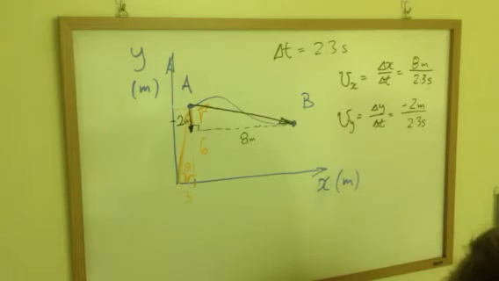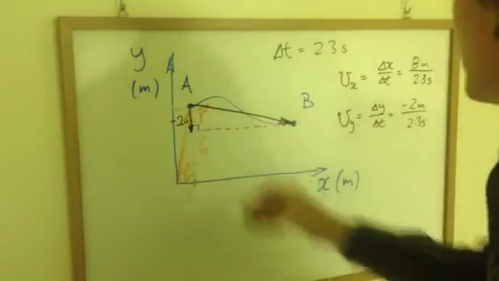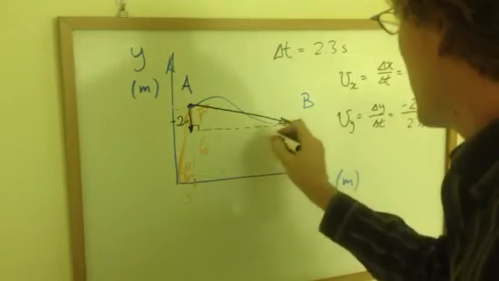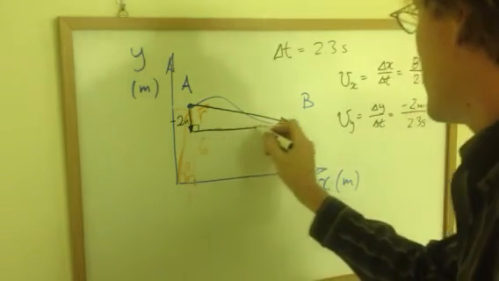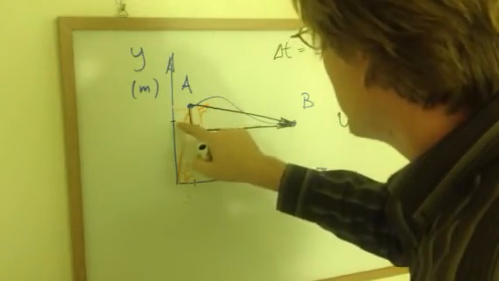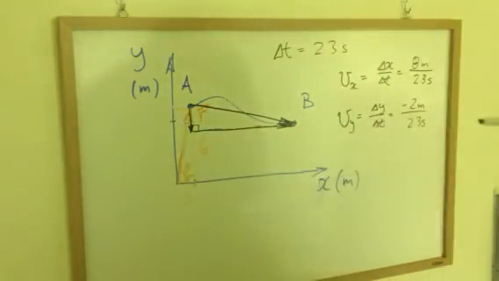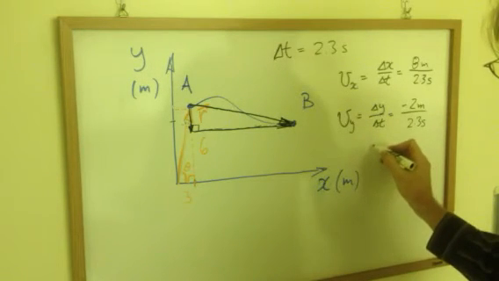Part E, what's the magnitude of the average velocity? Well, once we calculate these two components, I can set up a velocity triangle.